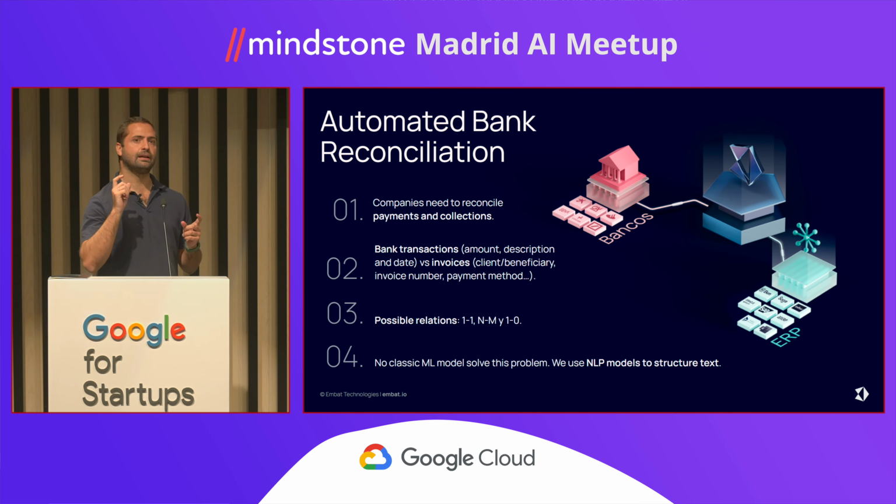And then we can have N-to-M relationships, meaning, for example, one provider paying all the invoices they owe you in one single payment, or the other way around. And you can also pay an invoice in different stages, right? First you pay 50% of it, and then the other 50% at the end of whichever process.